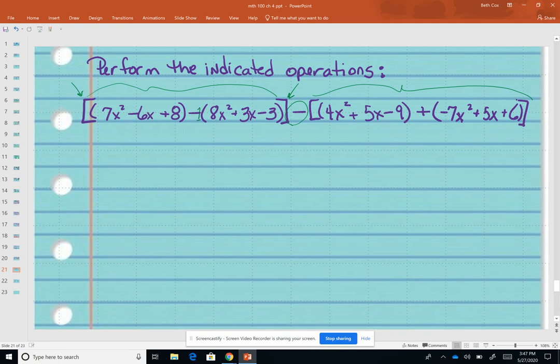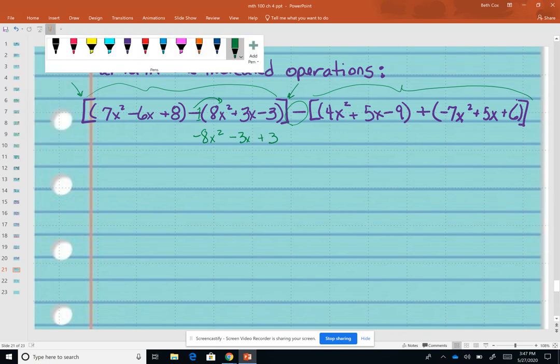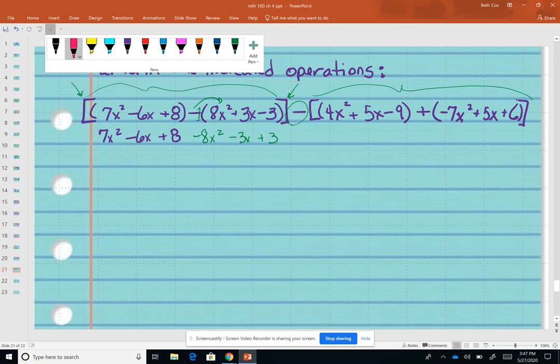I'm going to do the subtraction, which means change the sign here. So that'll be a negative 8x squared minus 3x plus 3. The first one doesn't have a sign change, so I'm just going to remove the parentheses and bring it straight down. And then I'm going to combine like terms.